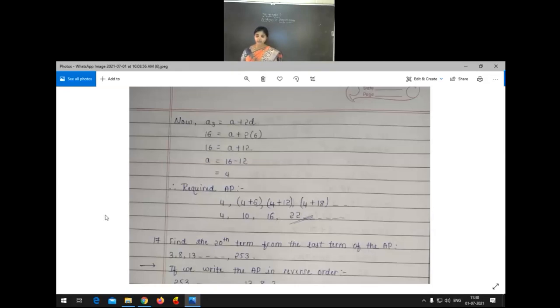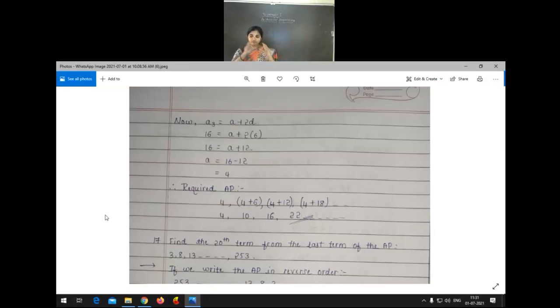See what is given in the question. The third term of the AP is given as 16. Then the seventh term exceeds the fifth term by 12. So A7 is equal to A5 plus 12. I took the second statement first. Using that, I got the difference.